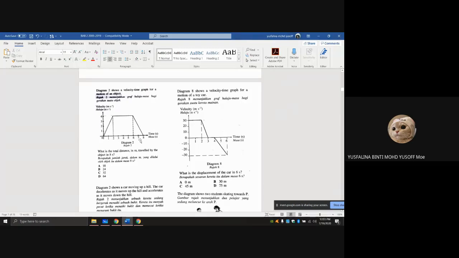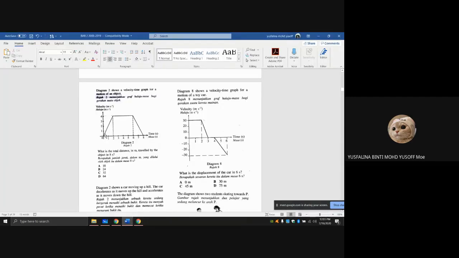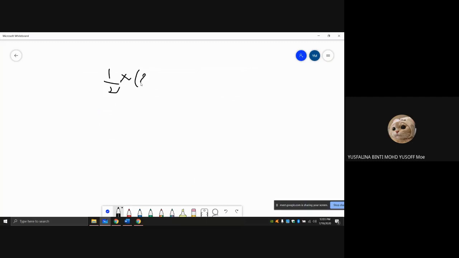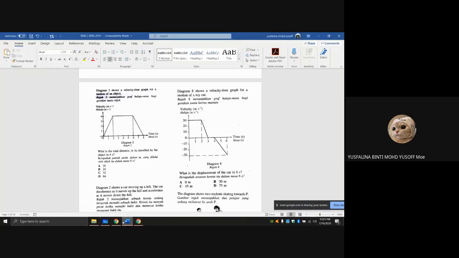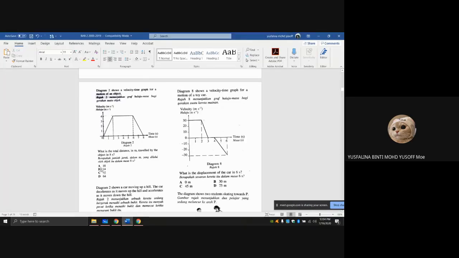So at 8 seconds, the formula for the trapezium is half multiplied by, so this one 8, and then this one is 6 minus 2 is 4. So 8 plus 4, and then the height is 4. So you get the answer 24. So the answer should be B.